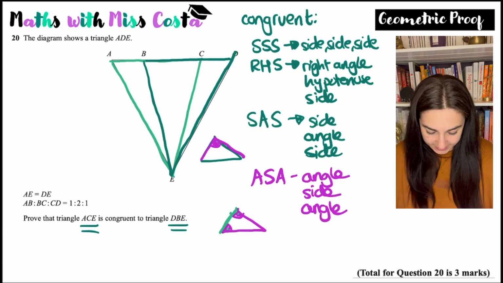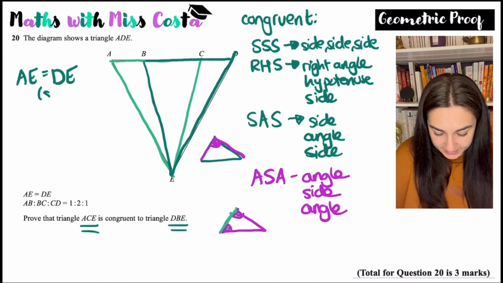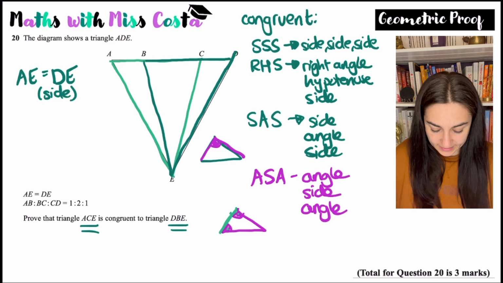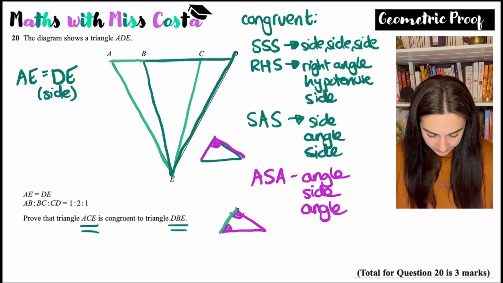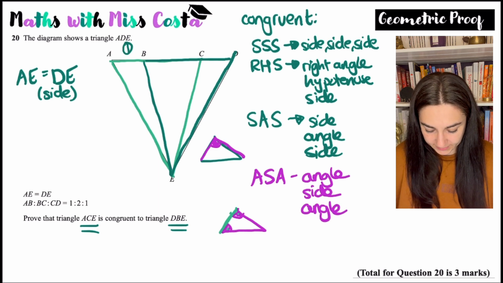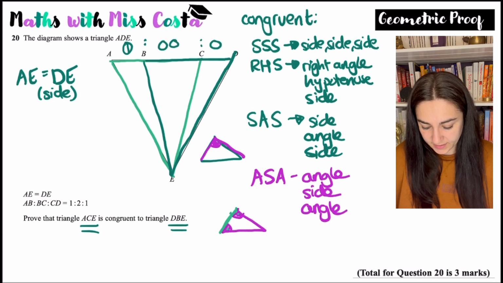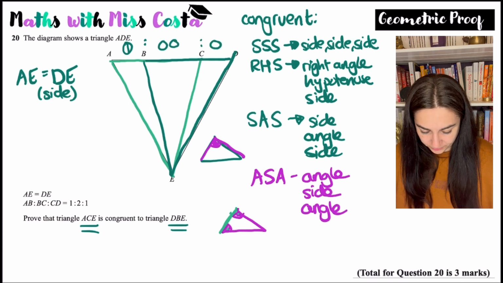Well, we know that AE equals DE. That's been given to us. So that means that they have an equal side. Then we know that AB to BC to CD is 1 part to 2 parts to 1 part. And we need to prove that they are congruent.